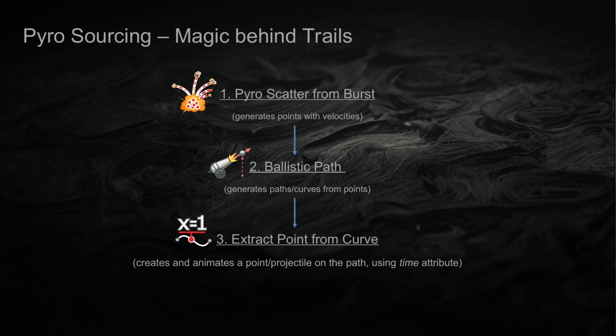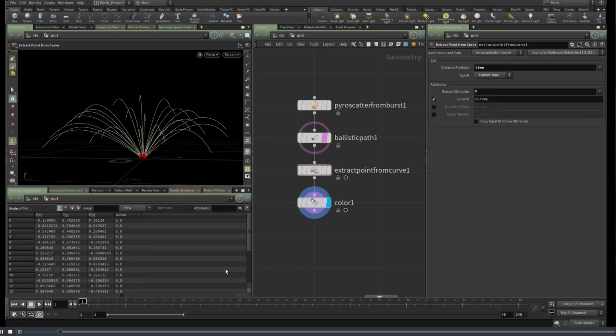The extract point from curve node can then take these curves, and using this time attribute, it can extract the position of the projectiles from the curve at a given time. So let's look at it in practice. Here you see that I have a pyro scatter from burst node creating points.